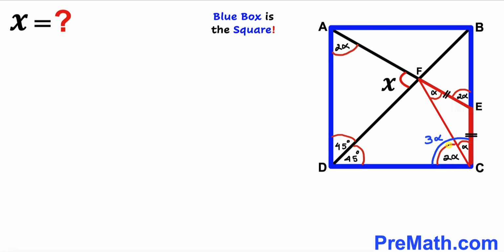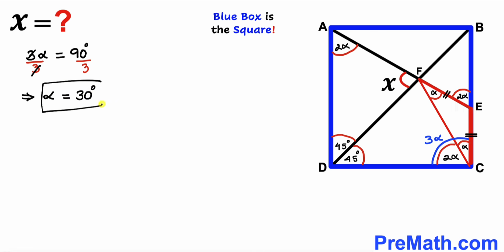So we equate 3 times alpha to 90 degrees. Now I'm going to divide both sides by 3 to isolate alpha. Here, 3 and 3 cancel. So our angle alpha simply turns out to be 30 degrees.